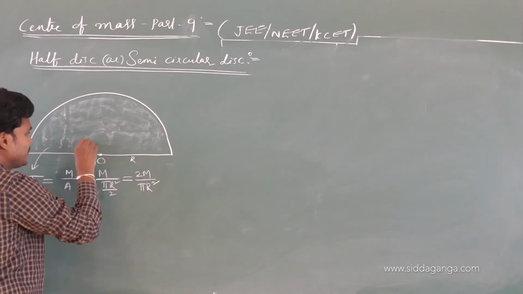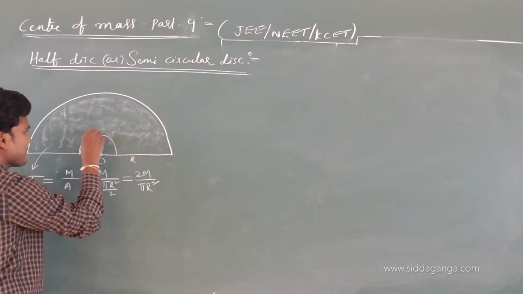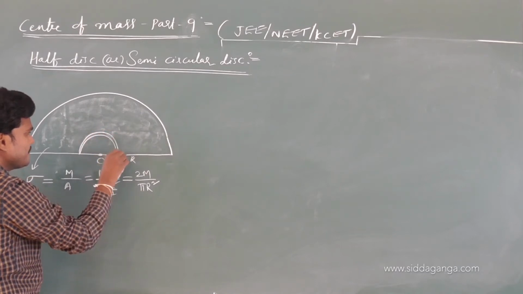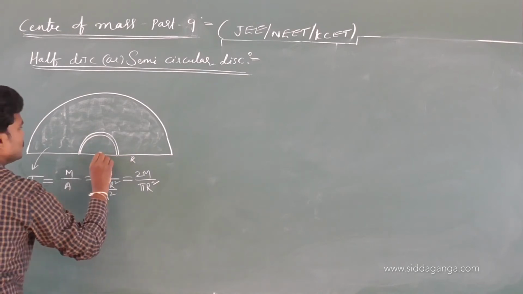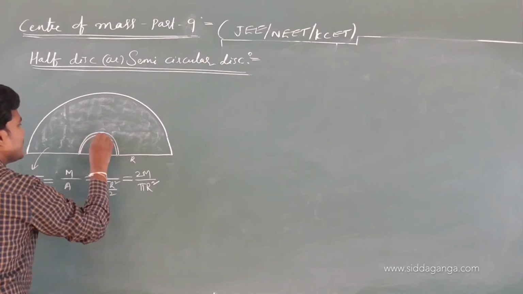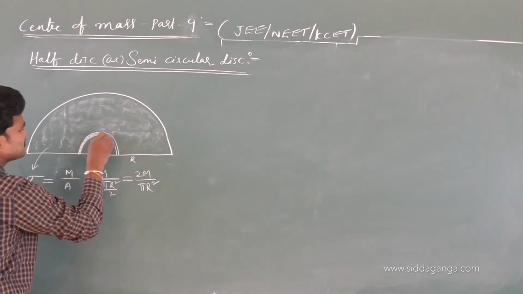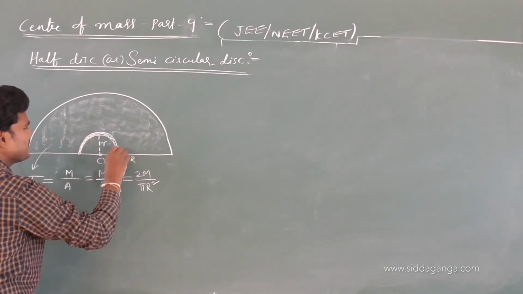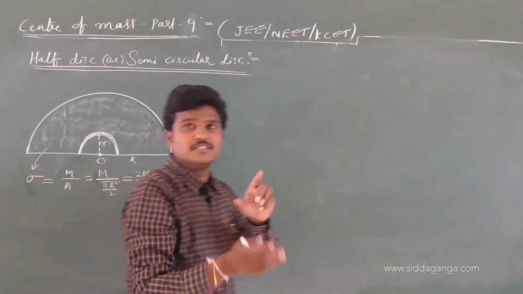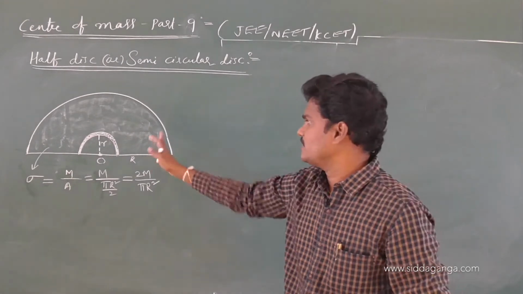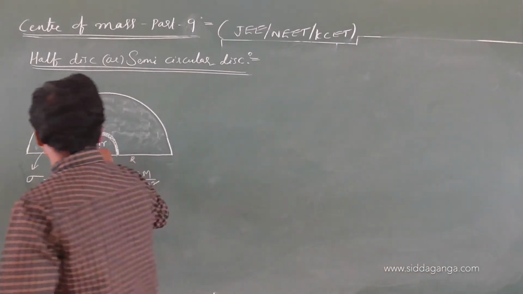Take a small part whose radius is small r. If you join all the pieces, you will get a disc. What is r? R is the radius of this small part.